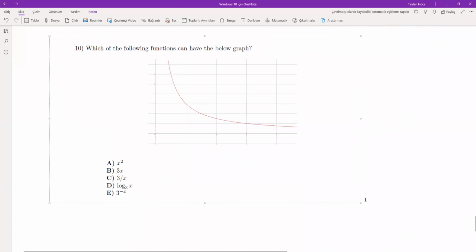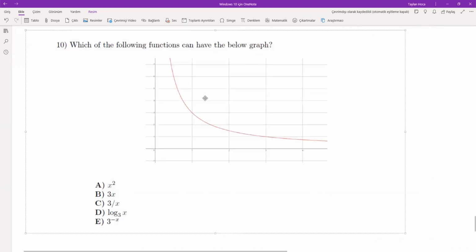So, similarly, there's a function graph like this. Tell me via chat which answer you think to be true. Choose one quickly. Okay. E, C, C, D. Okay. So, first, x squared is not right.